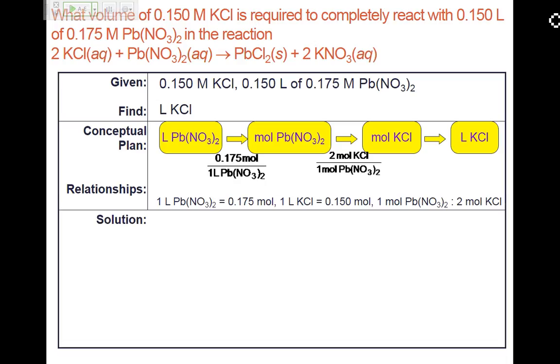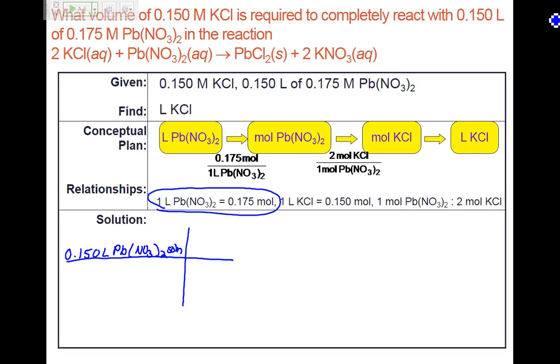So that's how we're going to set it up. So we know that we have 0.150 liters of my Pb(NO3)2 solution. I don't know how many moles that is unless I have my specific concentration. So I'm going to use my concentration that relates my liters of Pb(NO3)2 solution to my moles of Pb(NO3)2.